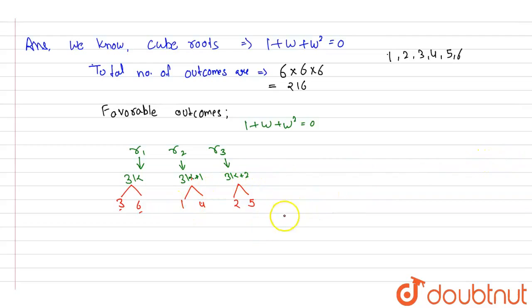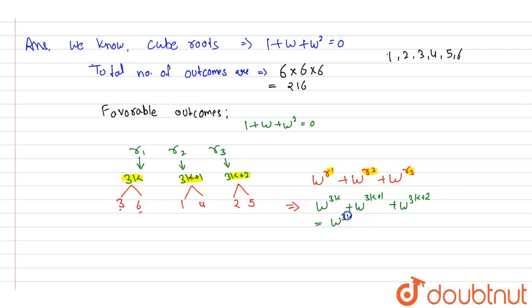Similarly, for having omega to the power R1 plus omega to the power R2 plus omega to the power R3 equal to 0, R1, R2 and R3 must belong to the 3k, 3k plus 1 and 3k plus 2 categories. So we have omega to the power 3k plus omega to the power 3k plus 1 plus omega to the power 3k plus 2.